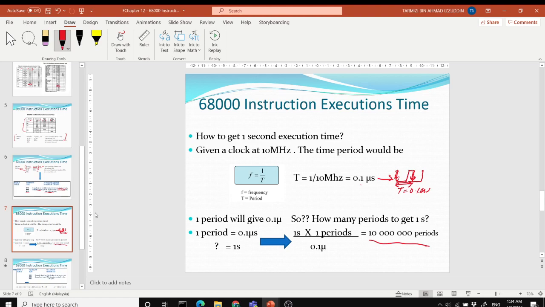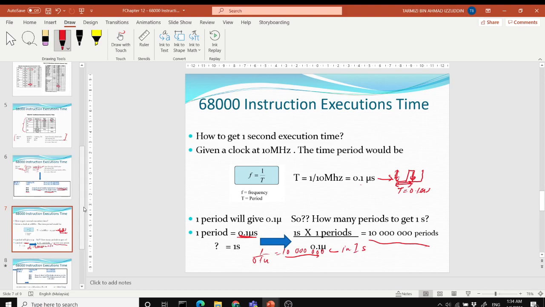If you know the period, 0.1 microsecond, you can always divide 1 second by it, and you will get the total number of periods in 1 second.